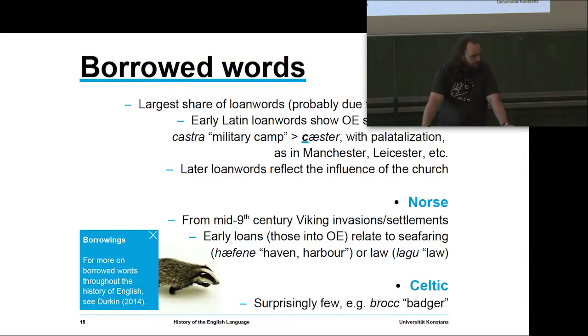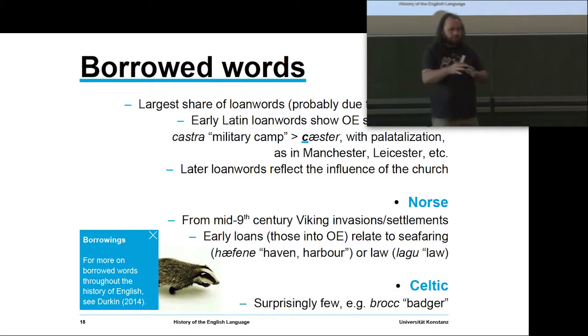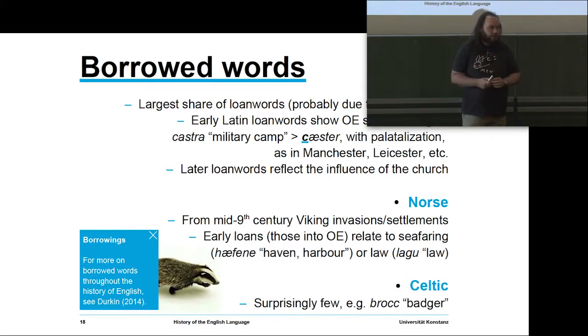So one text that I briefly showed you at the end of last lecture, Alfred's Colloquy, has this little artificial dialogue. But we have to take that with a pinch of salt because it's a translation from Latin. So real, genuine dialogue in these texts is quite hard to find. Possibly the best place to look is somewhere like Beowulf, where you have a narrative with characters interacting with one another.